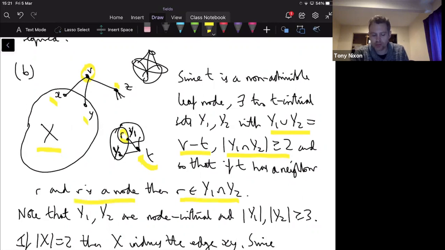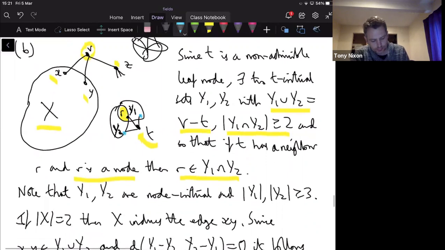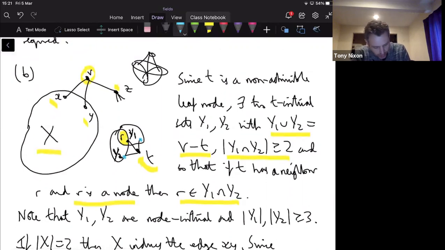T was a non-admissible leaf node, so it may or may not have a neighbor which is a node. If it does, it has exactly 1, and we can choose that 1 to be in the intersection and know that these other ones have degree at least 4. By the way, in case it wasn't clear, here Y1 union Y2 is everything apart from T. I've drawn the picture over to the right because I don't know yet where Y1 and Y2 intersect with X and V and Z. So I just drew it to the side.